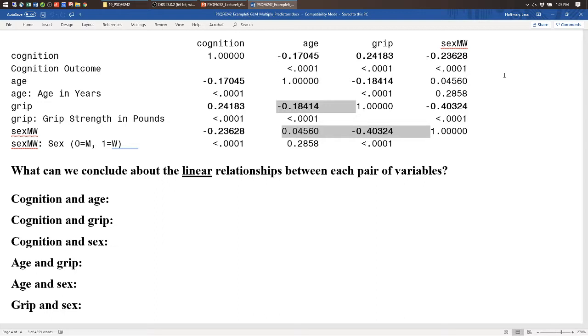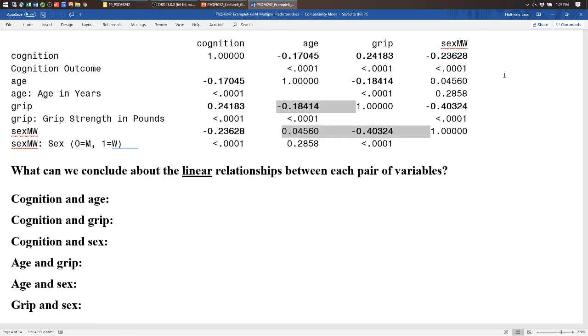Age and gender are not related. So if I put them both in the same model, they'll each keep their own contribution. There's no overlap. The bivariate relationship of age to cognition will be very similar to the unique relationship of age predicting cognition after controlling for gender.